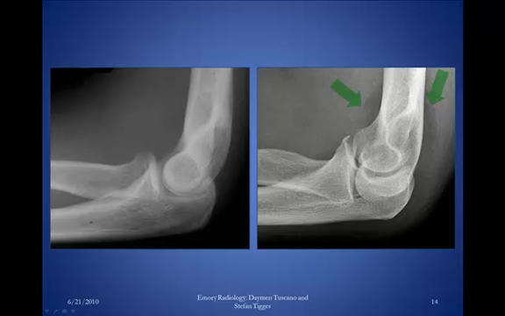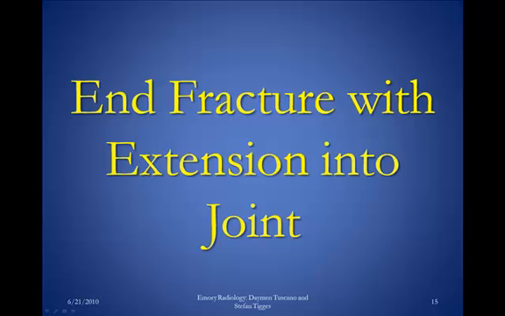But again, that's another clue that you've got a fracture that extends into a joint. And obviously, if that fracture that extends into a joint is sufficiently displaced, someone can end up with premature osteoarthritis. That ends our discussion of fracture with extension into joint.